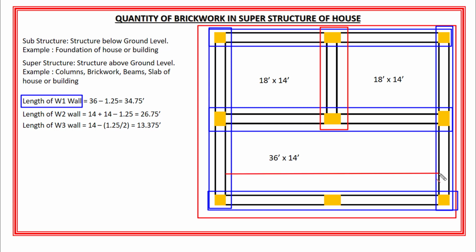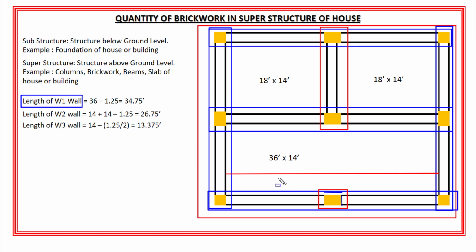And if you watch the third part of the complete house estimation course, then you will remember that the size of this column right here is 15 inch by 12 inch, which means that the width of this column is 15 inch and the length of this column is 12 inch. Now here is the main point to learn, which is how to calculate the length of the W1 wall.